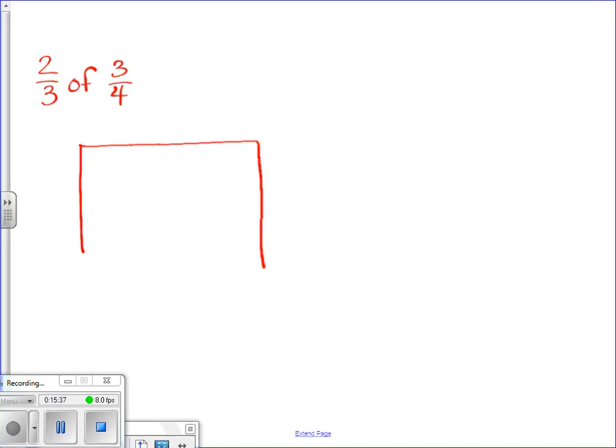So we're going to model it with 4 sections. How many am I going to color in? 3.